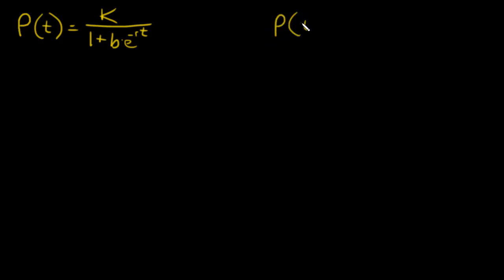Okay, so rewriting up at the top, I'm going to have P of T is equal to K over 1 plus B times e to the negative rt. And if I think back to my unbounded model, I had P of T is equal to P naught times e to the kt, right?